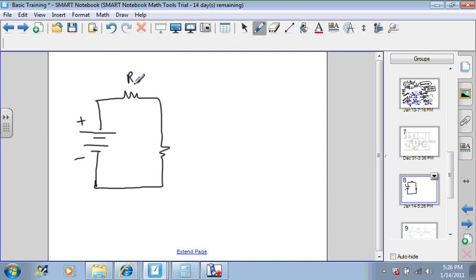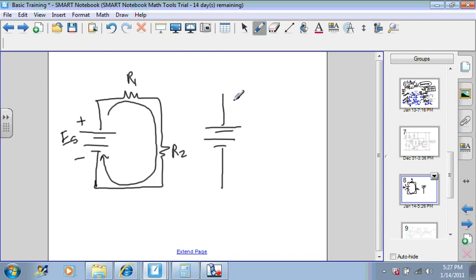I call this a loop circuit. You can clearly see that this represents a loop where energy leaves the positive terminal and returns back through the negative terminal through wires and components. We also may have experienced another circuit like this where we connect components in parallel.